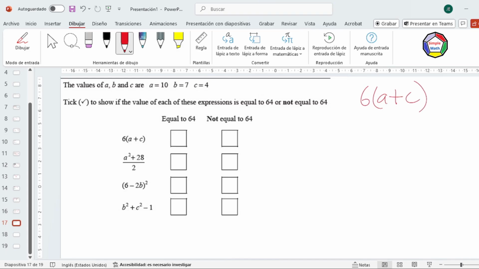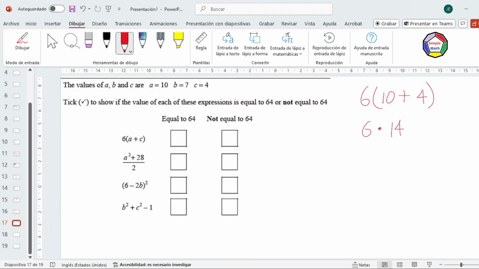Remember that we are going to substitute A, and then we're going to substitute C in the exercise. So 6 times (10 plus C), and C is 4. Apply PEMDAS all the time, remember. 10 plus 4 is 14. So it is 6 times 14.